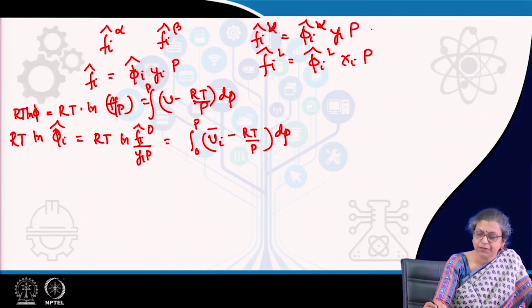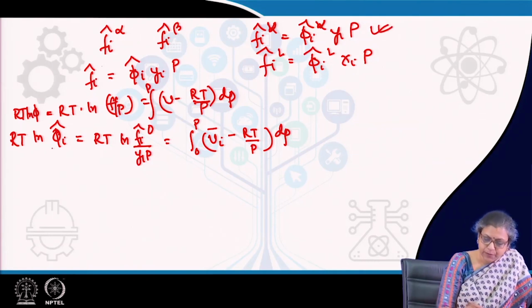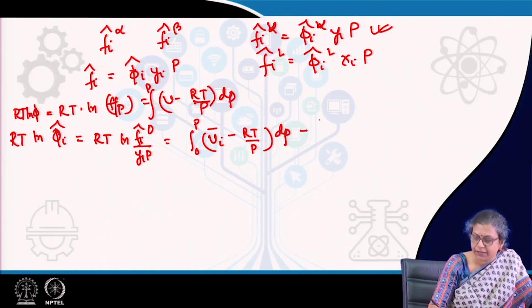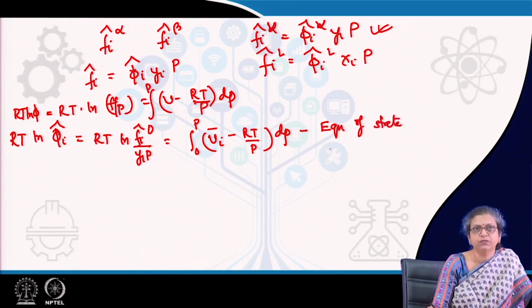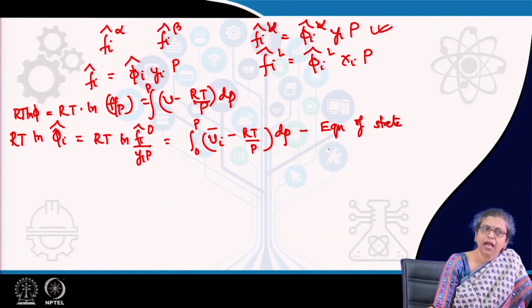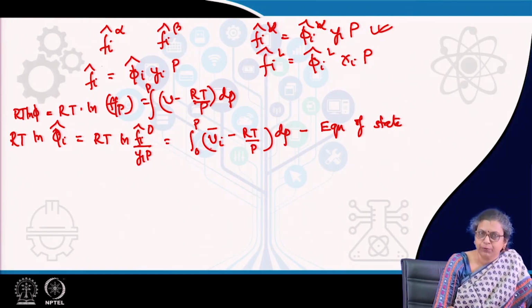Now, for the vapor phase, it can be done. How? The expression can be obtained from here, and this particular expression we can find from any particular equation of state. Mostly for gases we know that they conform to Amagat's law of additive volume and Dalton's law of partial pressure, and therefore, the partial molar volume is equal to the molar volume of that particular component.